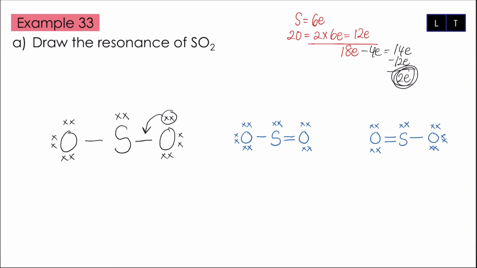You can see the different arrangement of electrons, here you got 4 electrons at the left, and here you got 4 electrons at the right, but it still has the same atomic structure. So we can understand that the Lewis structure for SO2 is somewhere in between these two structures.